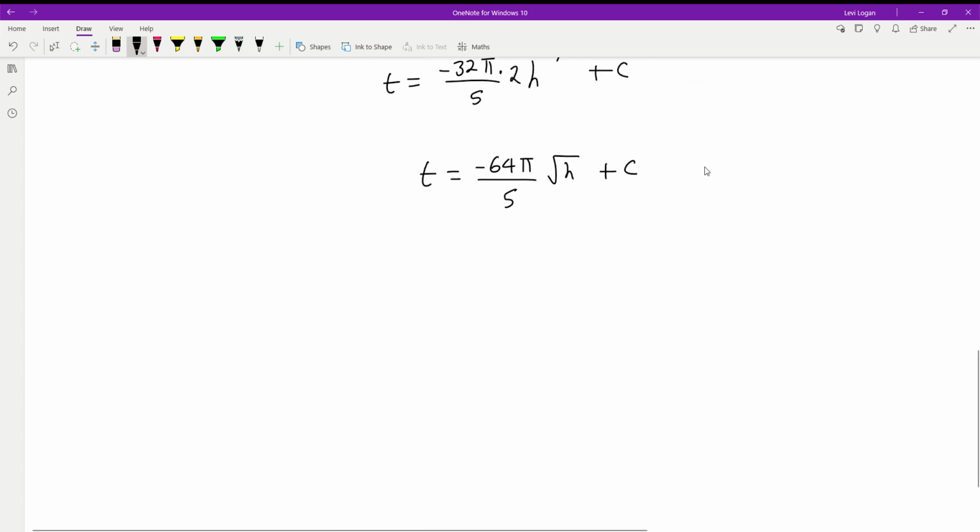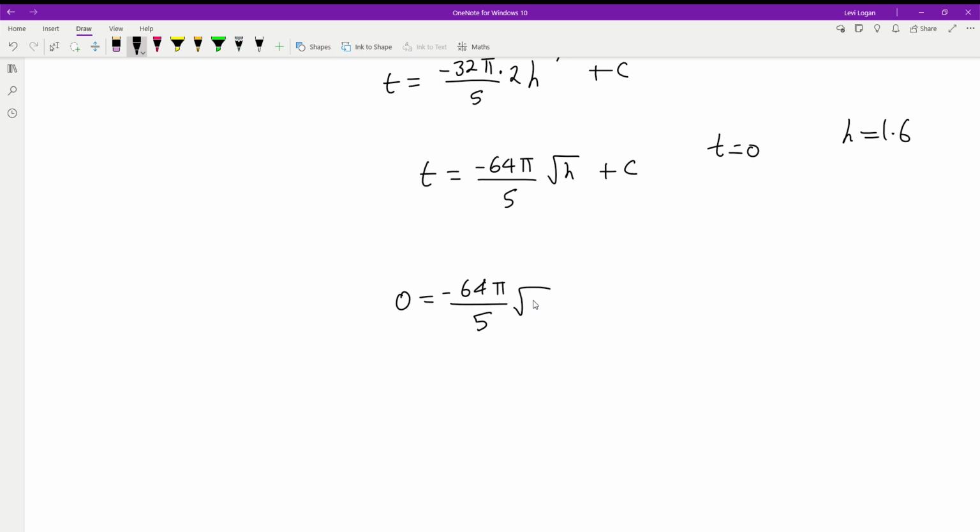So when t equals 0, h is 1.6, okay? So 0 equals negative 64 pi on 5 square root of 1.6, plus c. All we're going to do is make c the subject, so move this over here. So c is equal to 64 pi on 5 square root of 1.6.